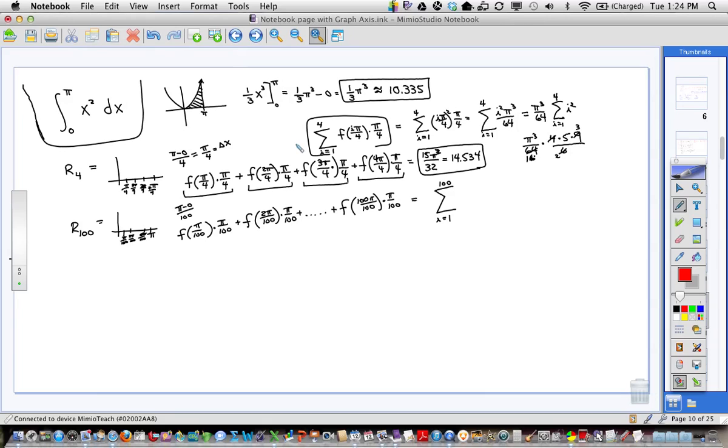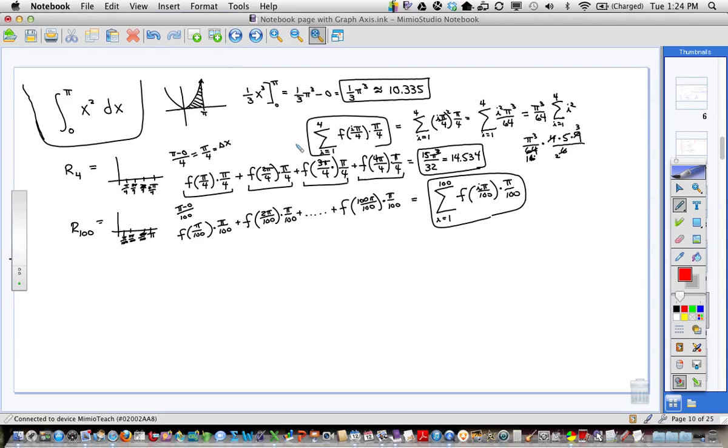The only thing changing every time is 1 pi, 2 pi, 3 pi. So this is what? f of i pi over 100. Well, look how easy that is compared to the one you just had. Matter of fact, if you just arrow up on your calculator, grab this one, change the 4s to 100s, and you got it.